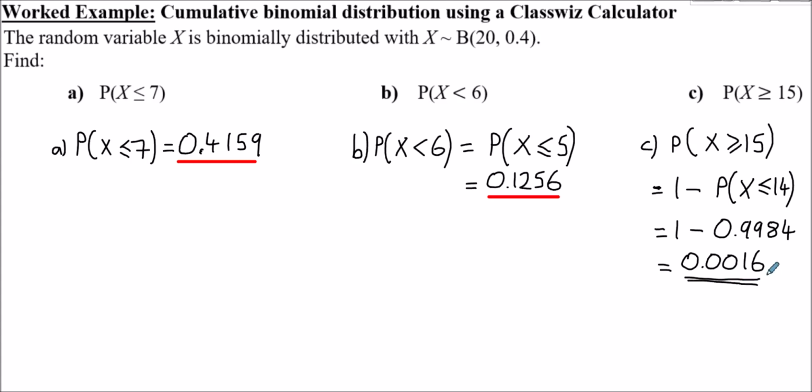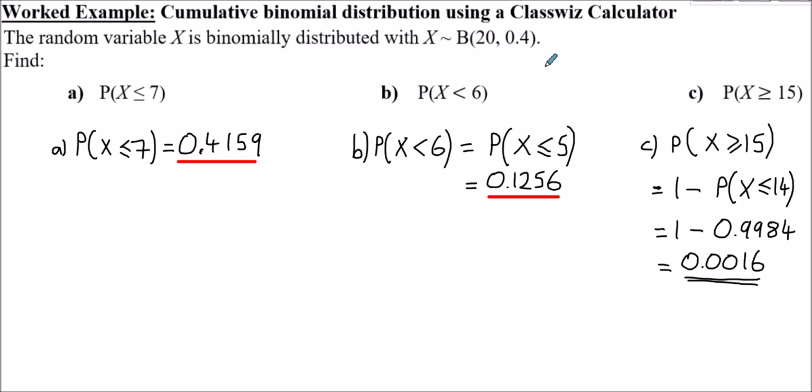Less than a 1% chance. That might seem unusual to you, but think about it. You've got 20 trials. The chance of it happening once is less than 50%. There's only a 40% chance of it happening. So you'd expect, out of 20 trials, on average, about 40% of 20, about 8, maybe 7, 8, 9 or something.